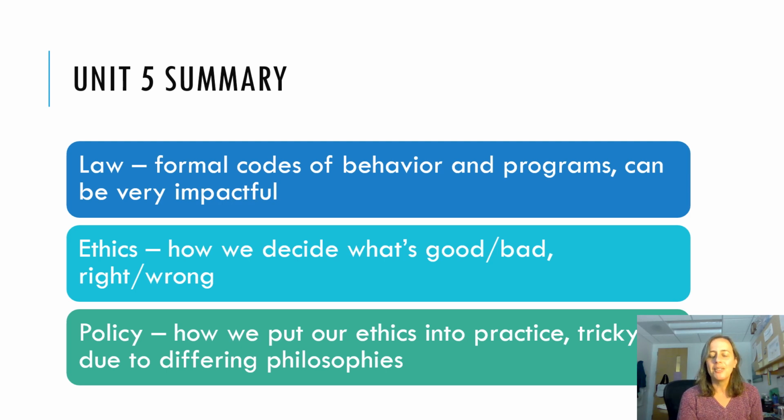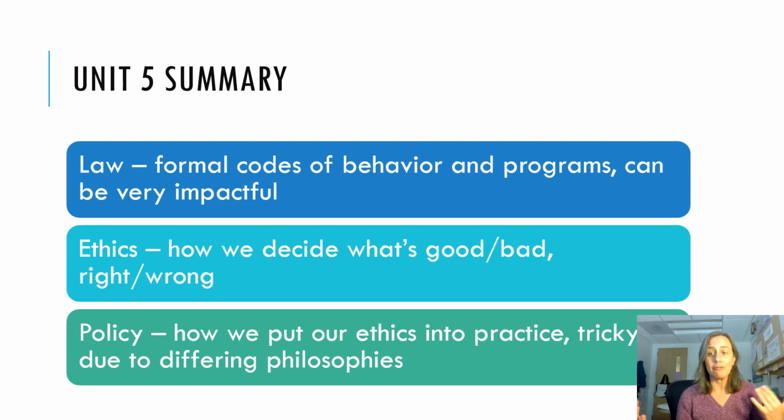Okay, so we talked about law, ethics, and policy today. So law is these formal codes of behavior. They can be super powerful at improving the health of the population, and they can be constitutional, although there's not really much at the constitutional level, legislative statutes, executive regulations, administrative regulations, and judicial or case law. Ethics is how we decide what's good, bad, and right and wrong, and it's going to differ depending on your personal philosophies, beliefs, and values.